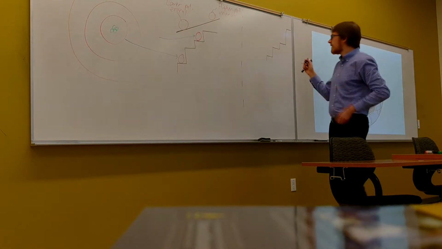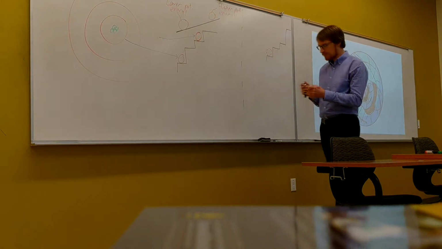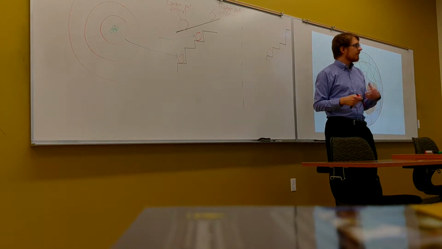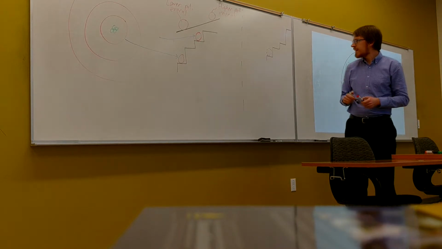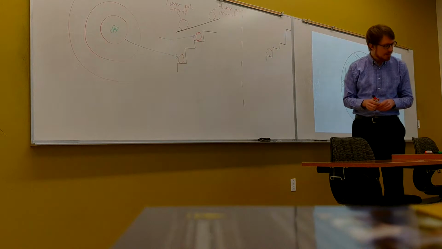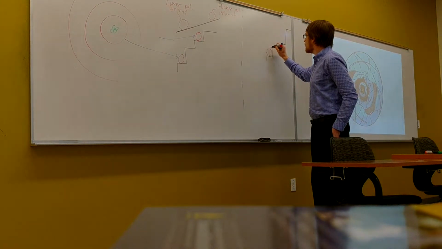An electron starts off at a lower stair, and something hits it, something like light or another electron, and it bumps that electron up from a lower stair to a higher stair, like this.